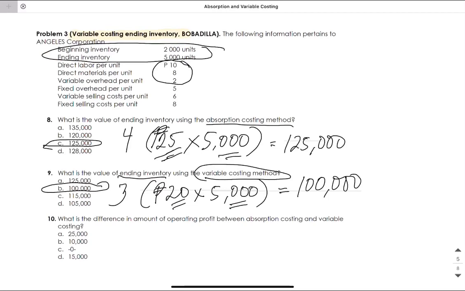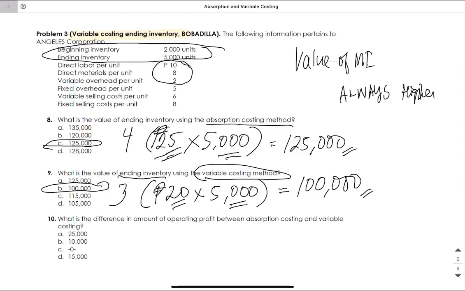This is just a reiteration of the concepts that we have discussed in part 1. When we are asked about the value of inventory, it will always be higher under absorption costing than under variable costing.